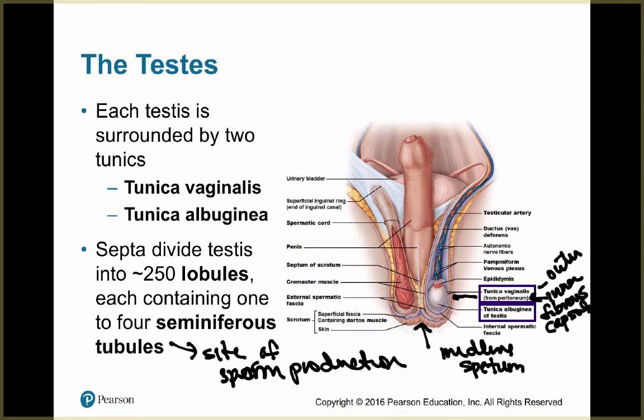You can also see the different muscles here.